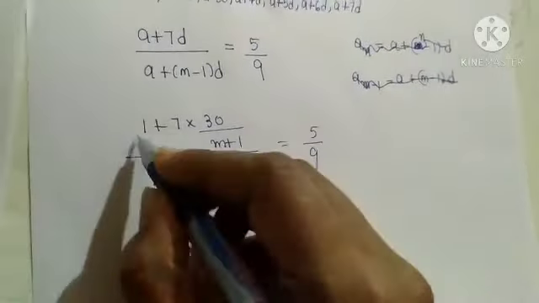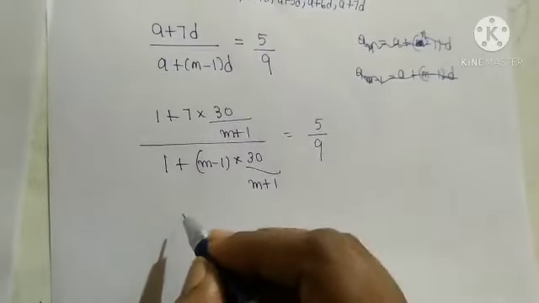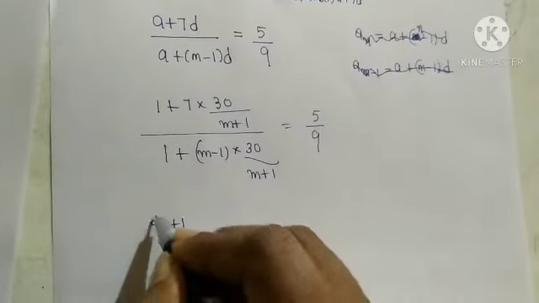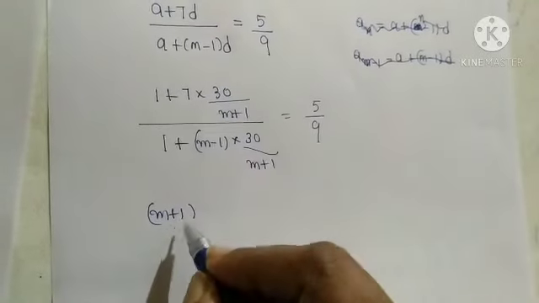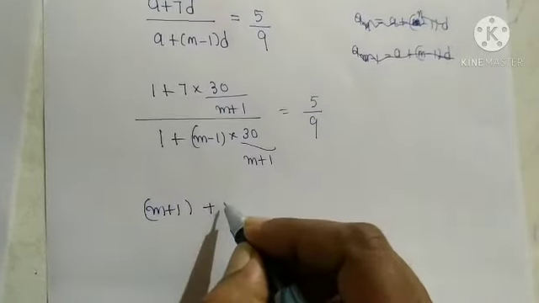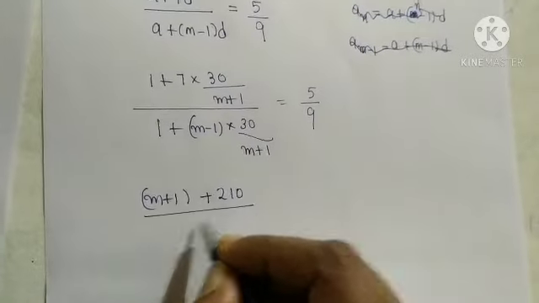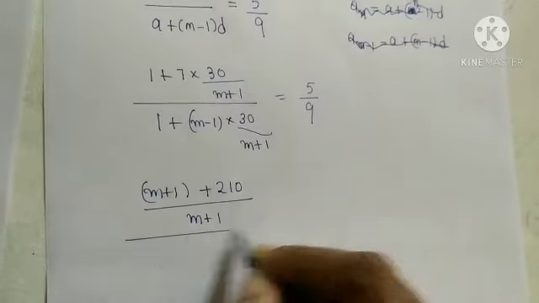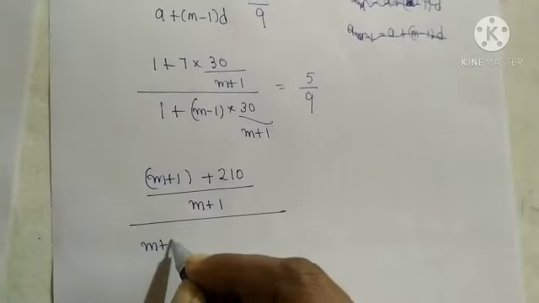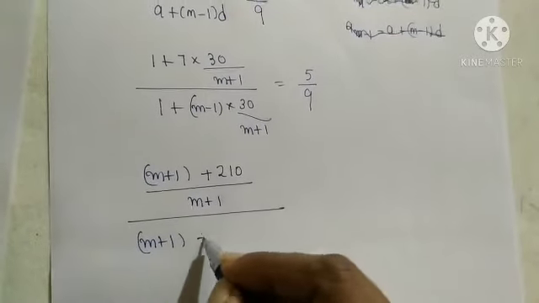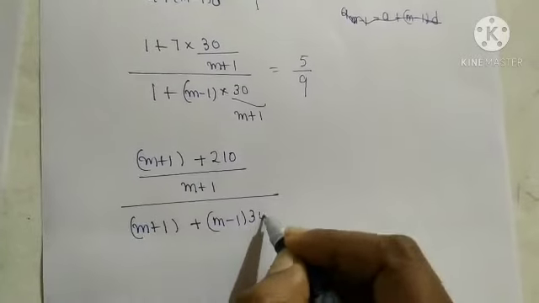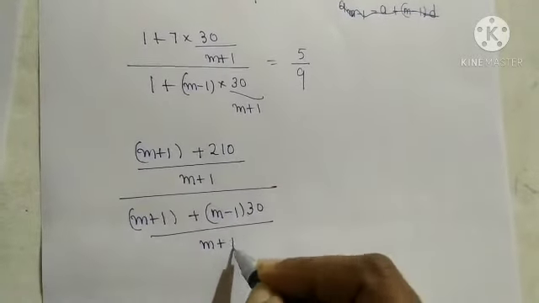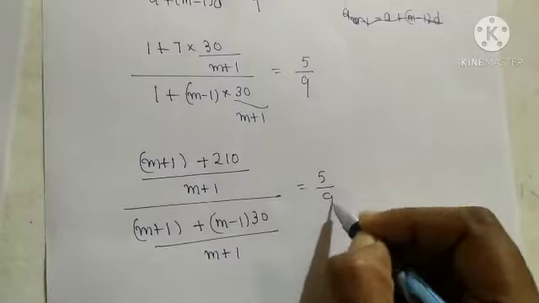Cross multiplying in the numerator, it becomes (m plus 1) plus 7 into 30, that is 210, divided by (m plus 1), divided by (m plus 1) plus (m minus 1) into 30 divided by (m plus 1), equal to 5/9.